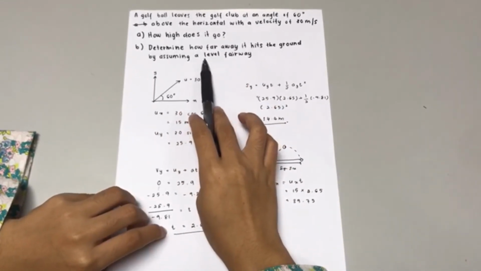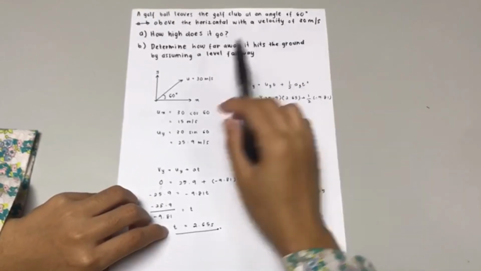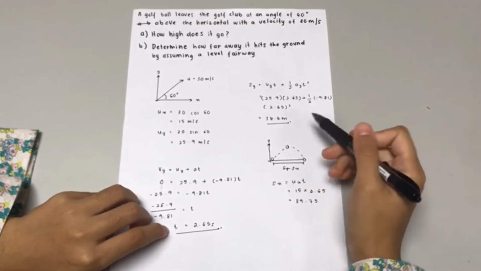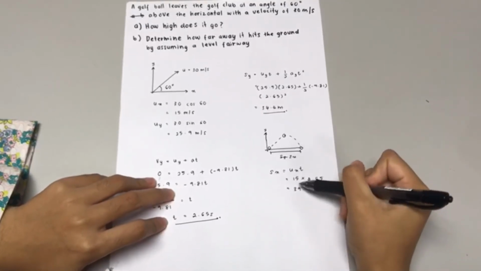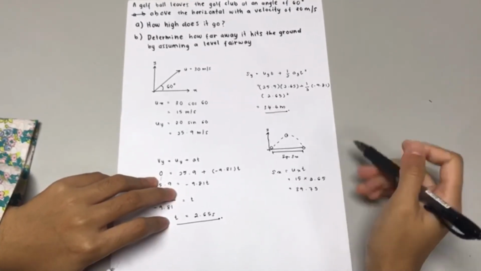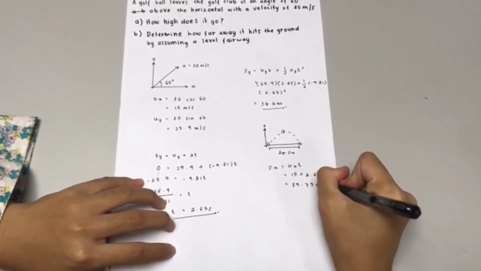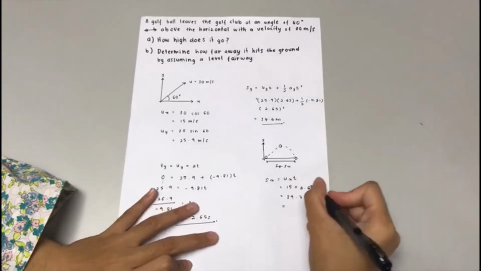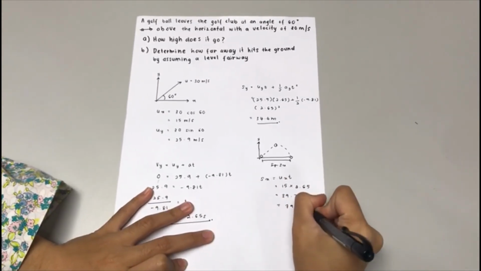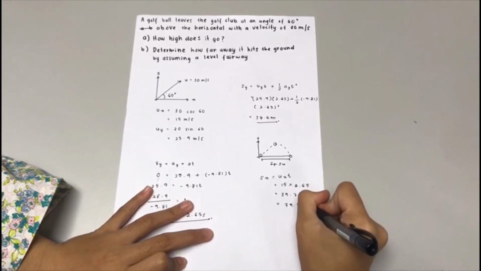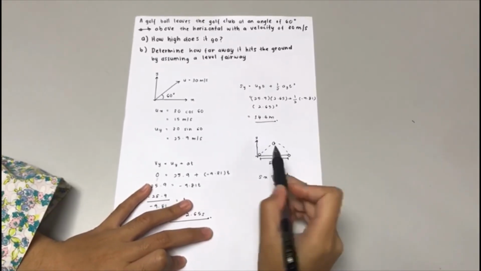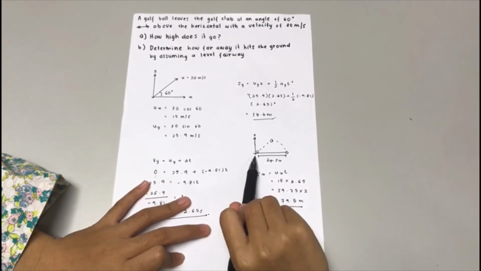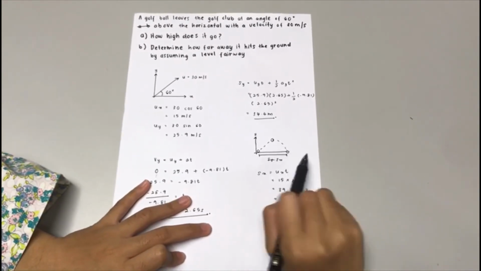The question wants to know from initial to final, so we need to find the complete time. So based on that, we multiply by 2 and we get 79.5 meters. So this is how far the distance is between initial and final.